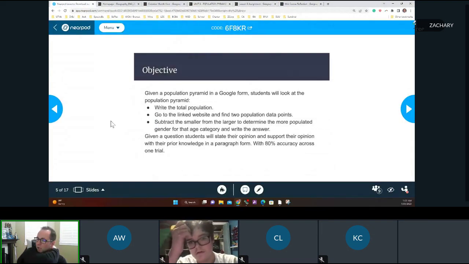Moving back to here, our objective today, which is basically your exit ticket even though it's not due until Friday, is the following. Given a population pyramid, students will be able to write the total population. You'll be able to go to the website links and find different populations in different categories.